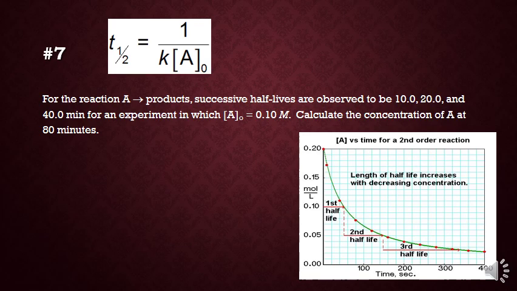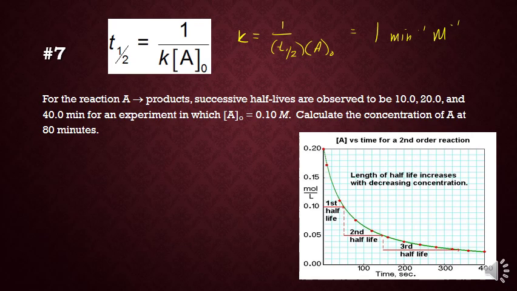So I'm going to rearrange this equation so that k is equal to 1 over the first half-life multiplied by the original concentration. And when I plug everything in, we get a k value of 1. And I know I should put units on here, so let's see, that's inverse minutes and molarity to the -1.